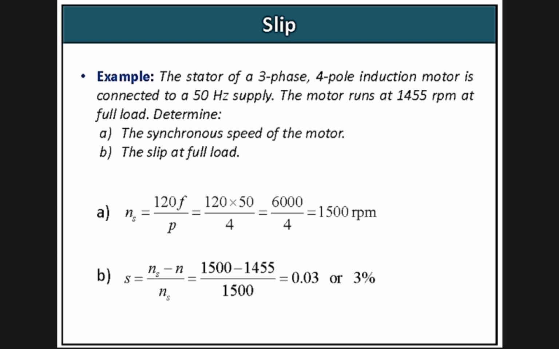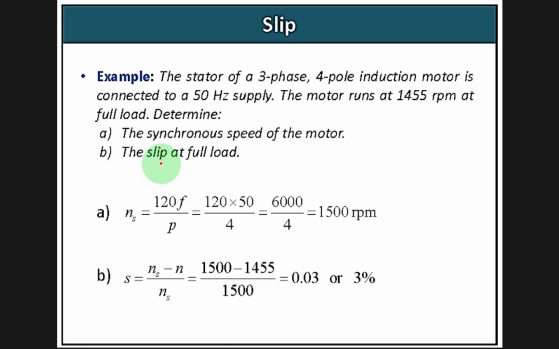We are asked to find the synchronous speed of the motor. Synchronous speed is easy to calculate because we know Ns equals 120 F over P. Here F is 50 Hertz, P is 4 poles. Therefore we get 1500 revolutions per minute.